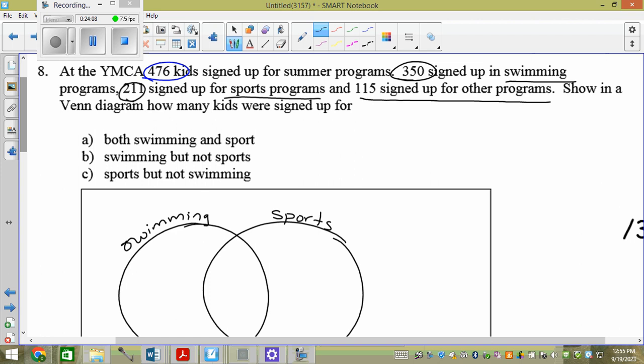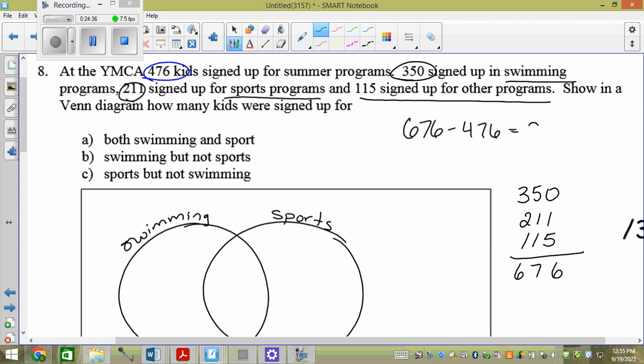So if I take 350 went swimming, and I add to it the 211 who went for sports programs, and I added the 115 who did neither of those, I get 676. I only have 476 kids. So what does that mean? 200 are in the middle. So 200 put in tickets for a swimming ticket and a sports ticket.